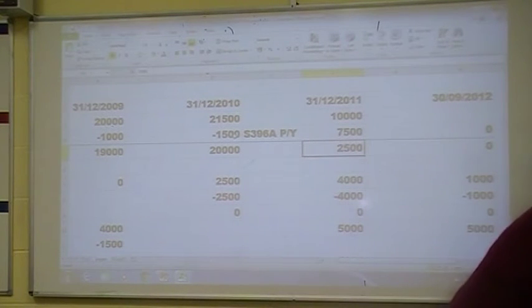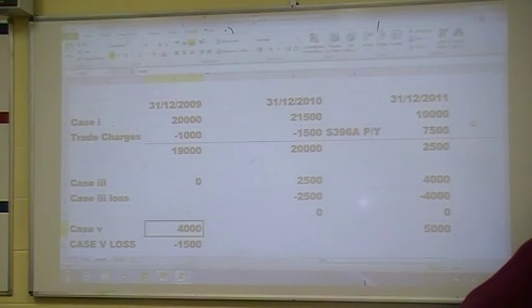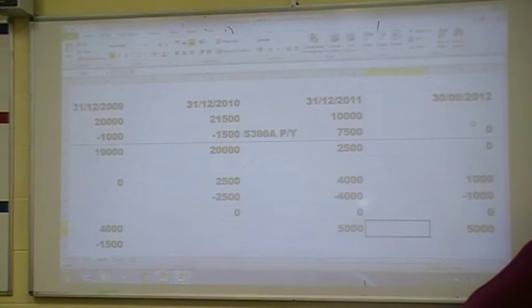So inside here now, as it's September 12, I have no trading income. I got rid of my case 3 profit with the loss. I have 5,000 euro now worth of case 5, haven't I? Mm-hmm.